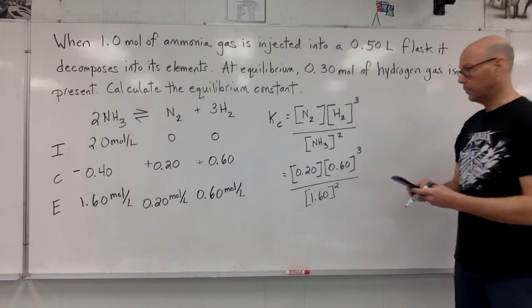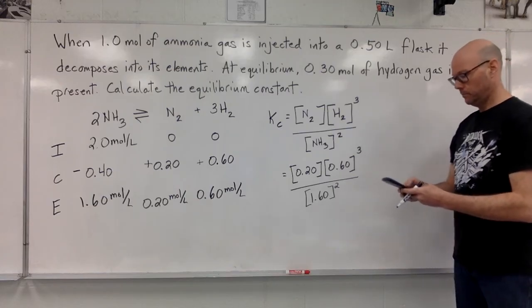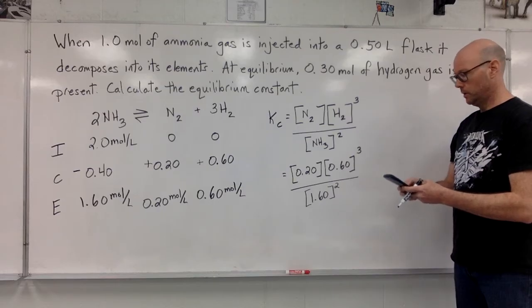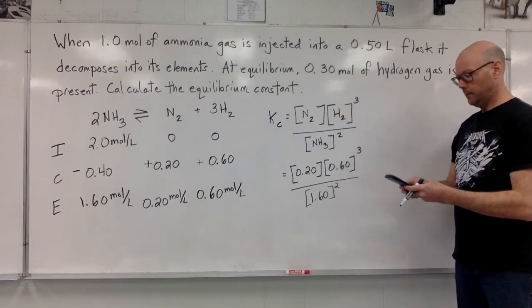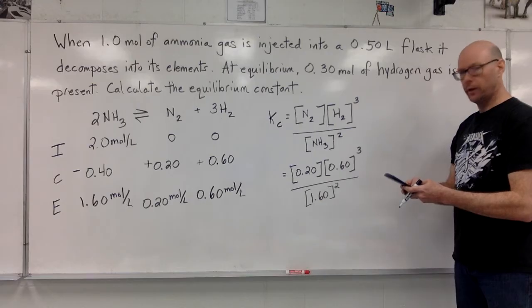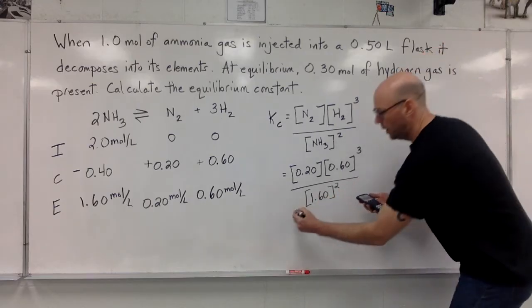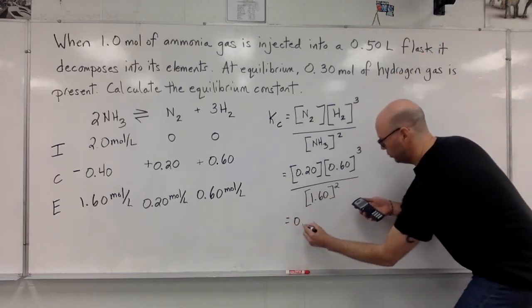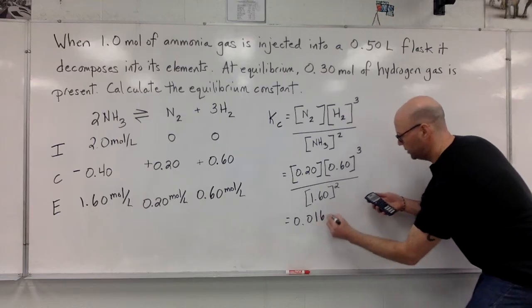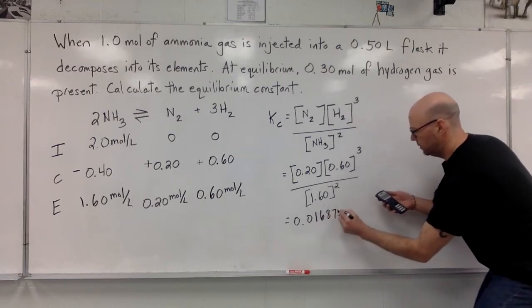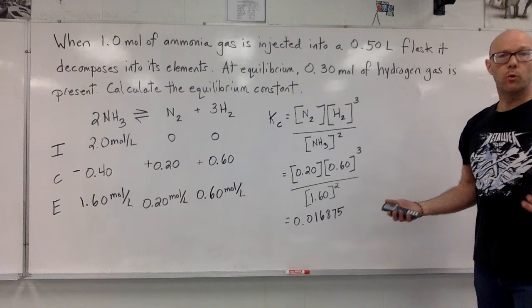I'm calculating away. 0.2 times 0.6 cubed divided by 1.6 squared. End up at 0.016875. We have a raw answer.